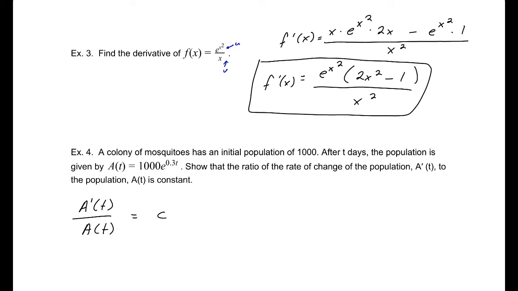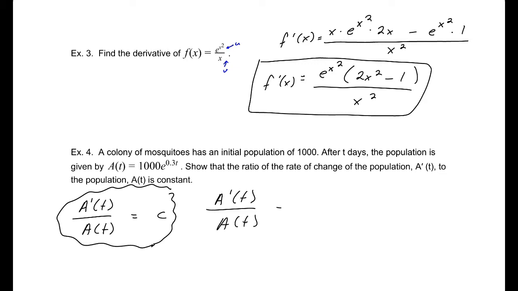Well, let's first figure out A prime of t. So this is what we want to show: A prime of t over A of t. The derivative there would be 1,000 e to the 0.3 t times 0.3.